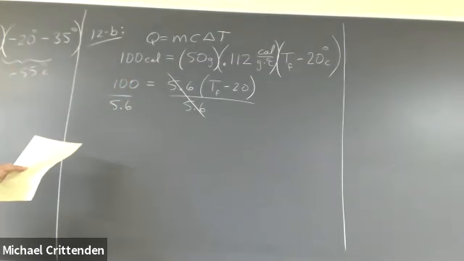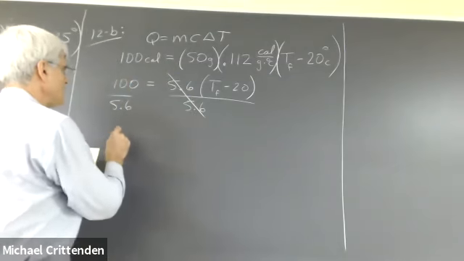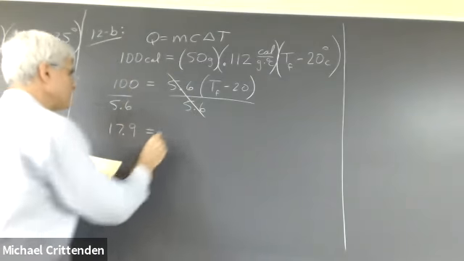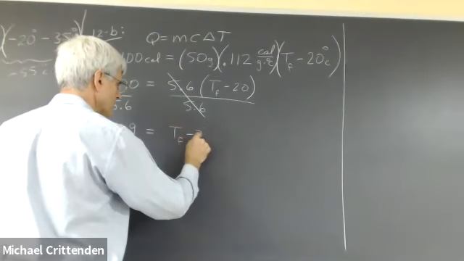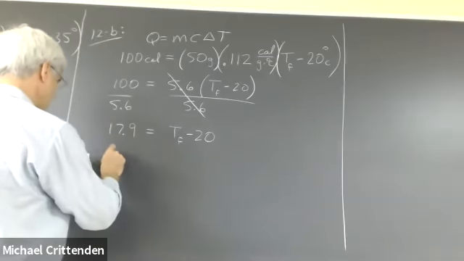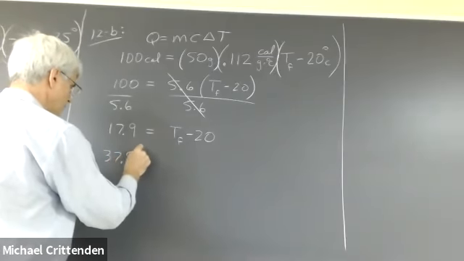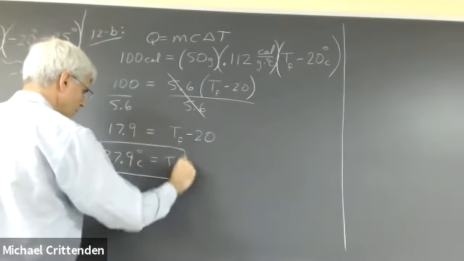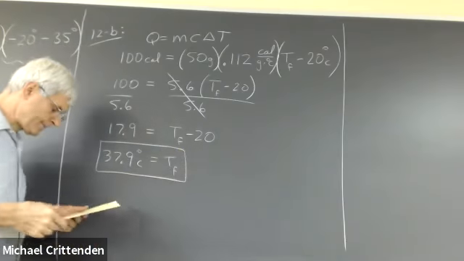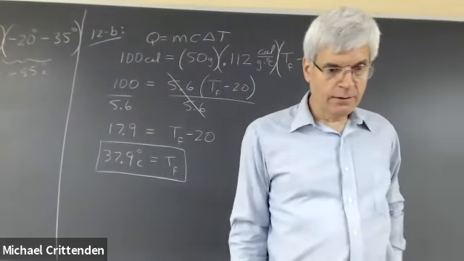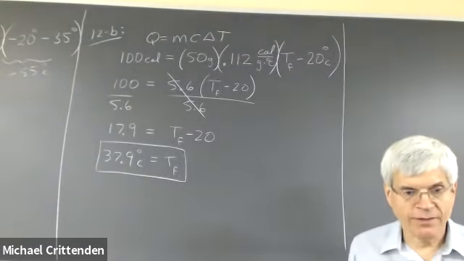So 100 divided by 5.6 is 17.9. And then I added the 20 to both sides. That's how you do that one.